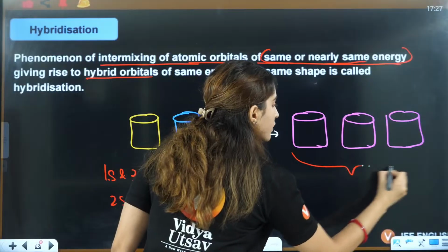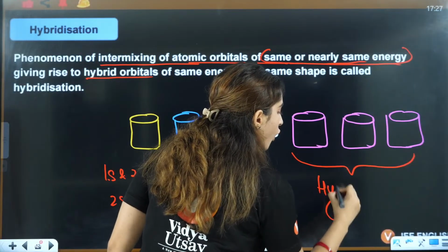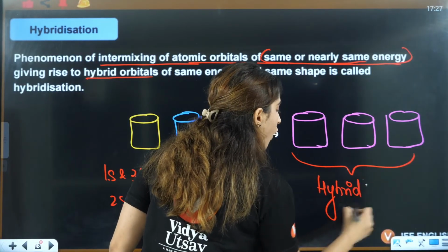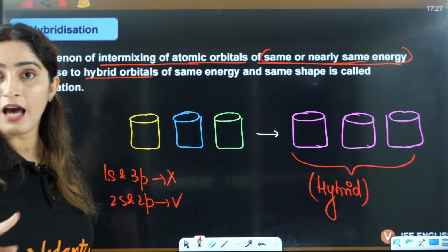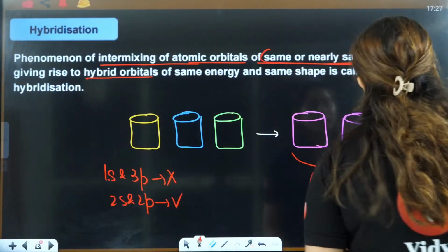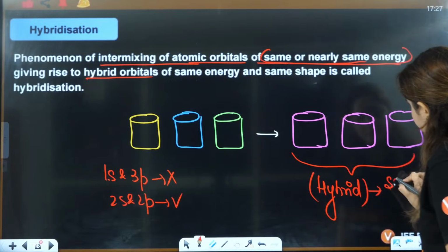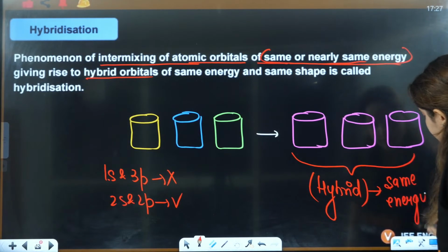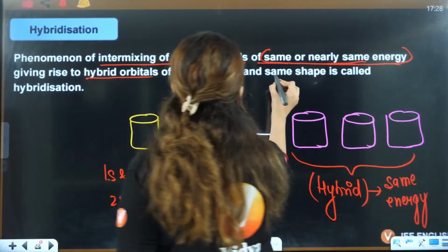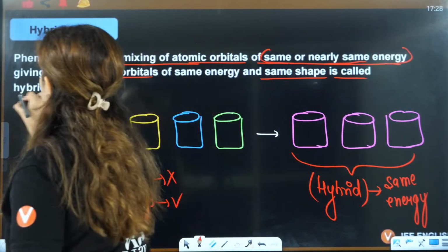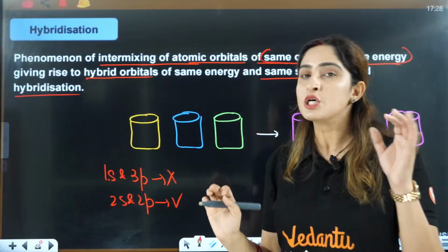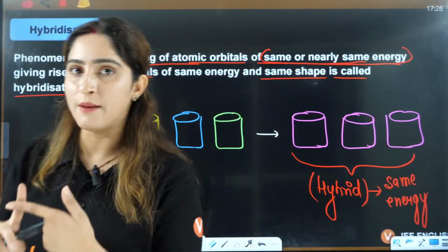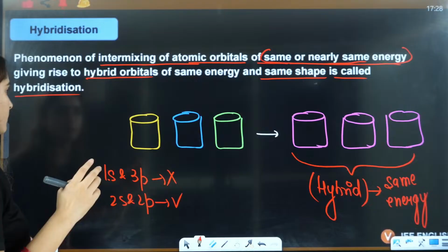The hybrid orbitals are like the same color: they will be of the same energy and same shape, and this is called hybridization, right? One by one we are going to see examples to understand this concept better.